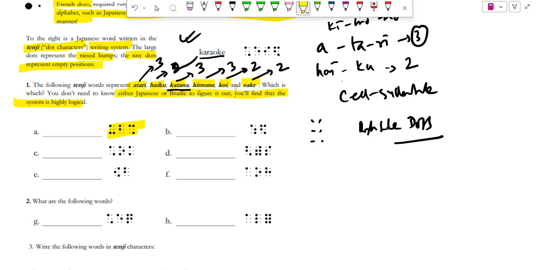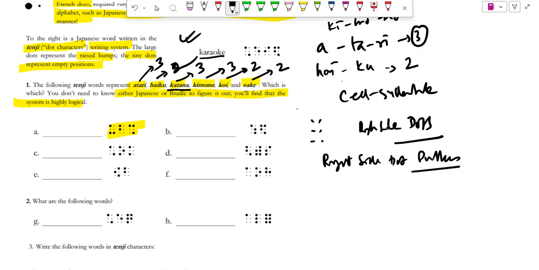So we look for the diagram where all cells share the same right side dot pattern, that is katana.